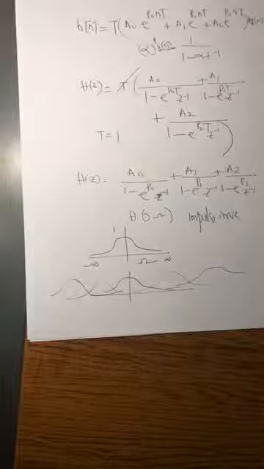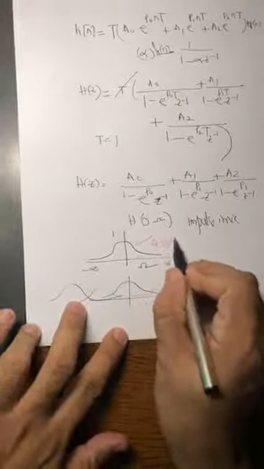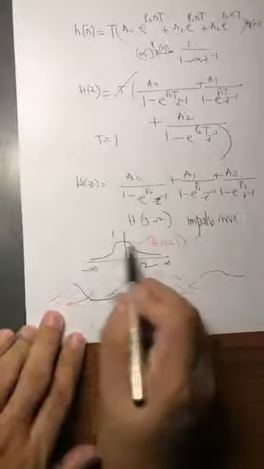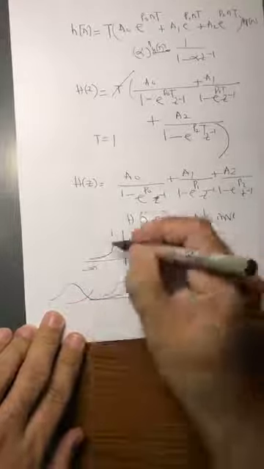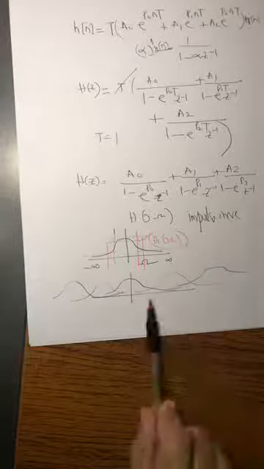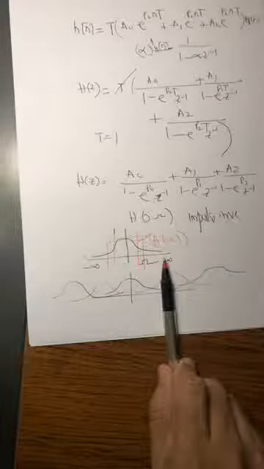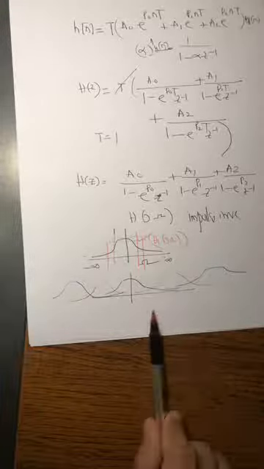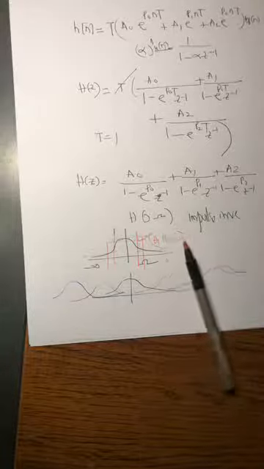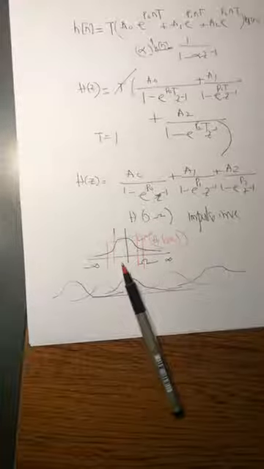The filter you designed in this domain may meet all the specifications, but your digital filter may not, because of aliasing. The analog frequency goes to infinity, while the digital frequency only goes to pi. So every copy will alias the original copy, and your frequency response may not meet the specifications.